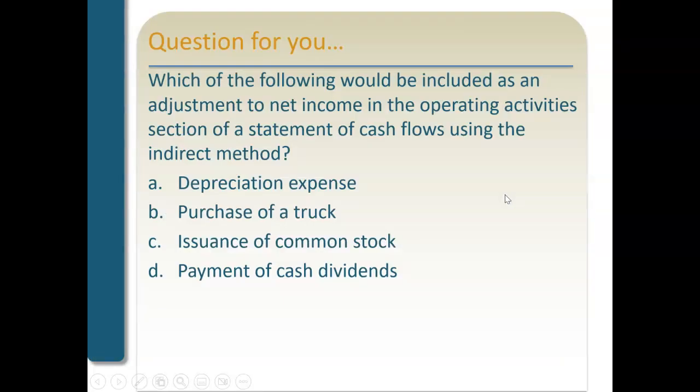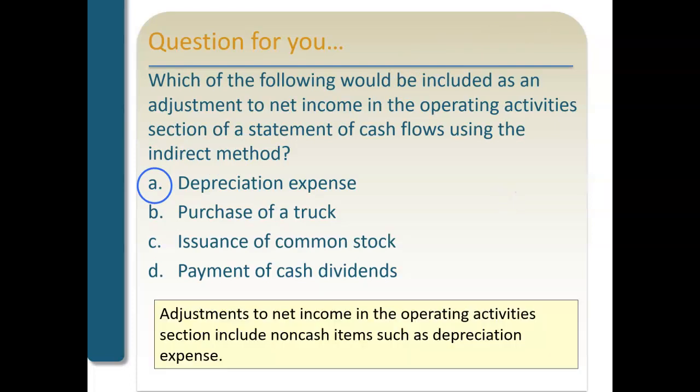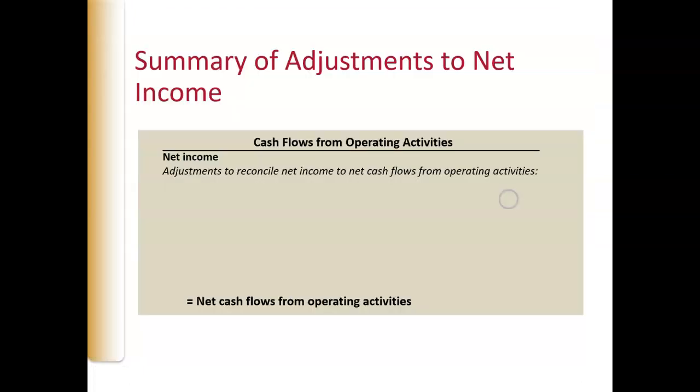Which of the following would be included as an adjustment to net income in the operating activities section of a statement of cash flows using the indirect method? To complete the operating section, we start with net income.